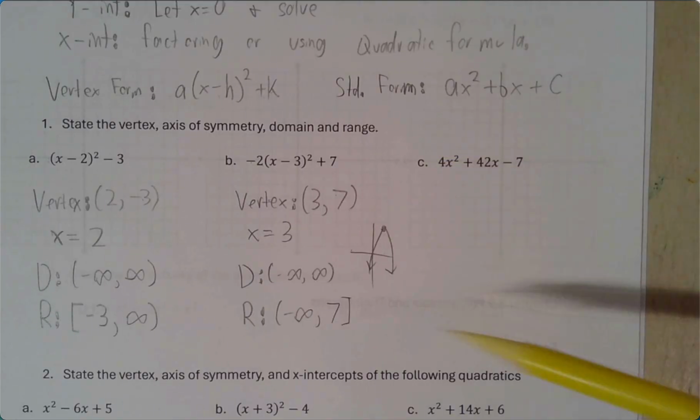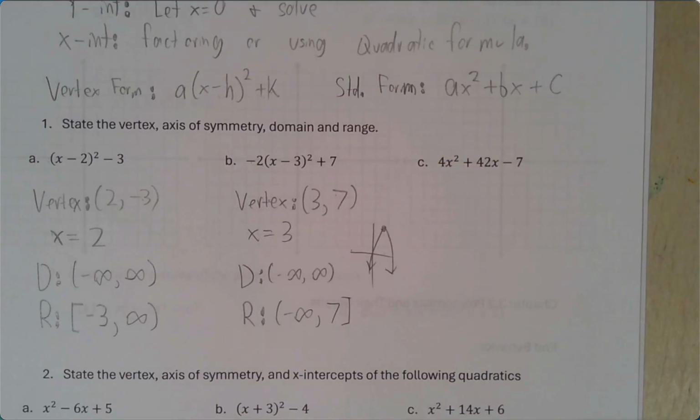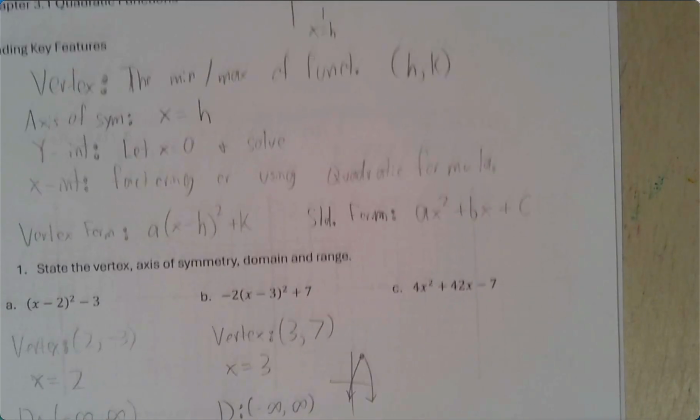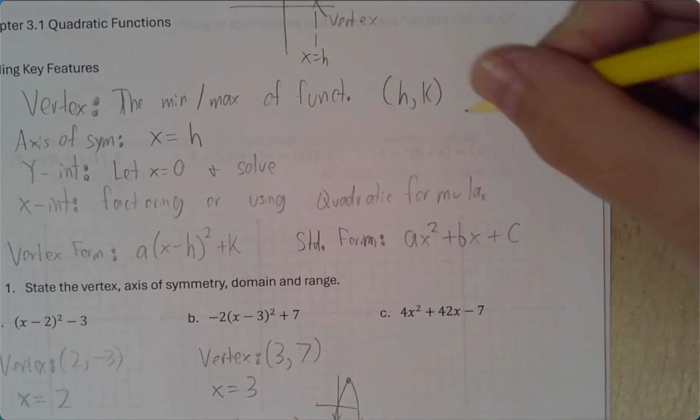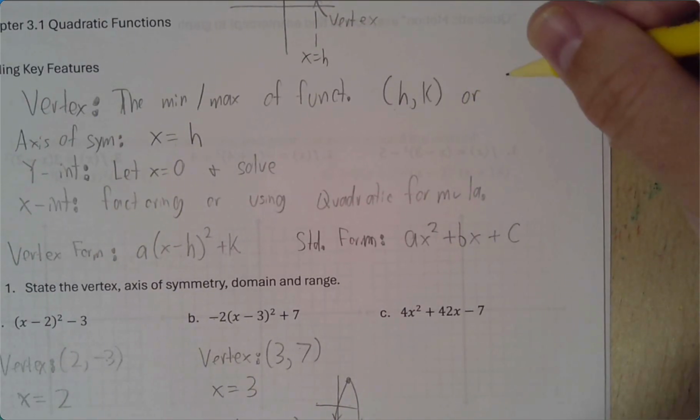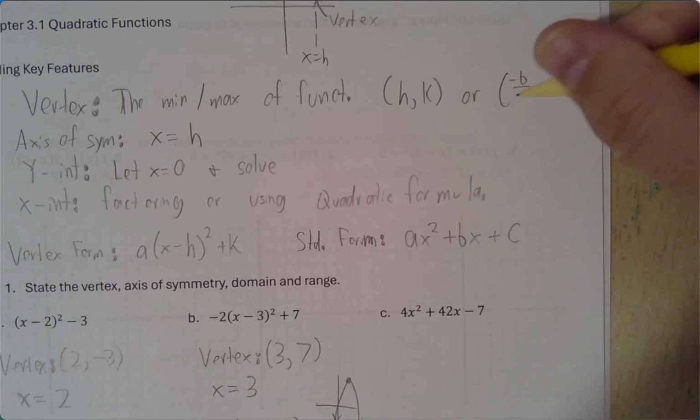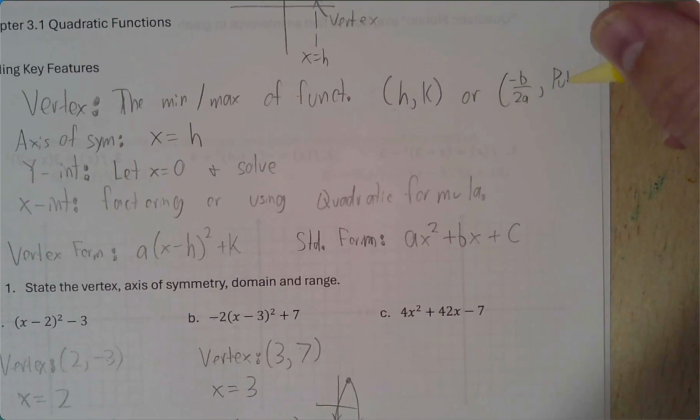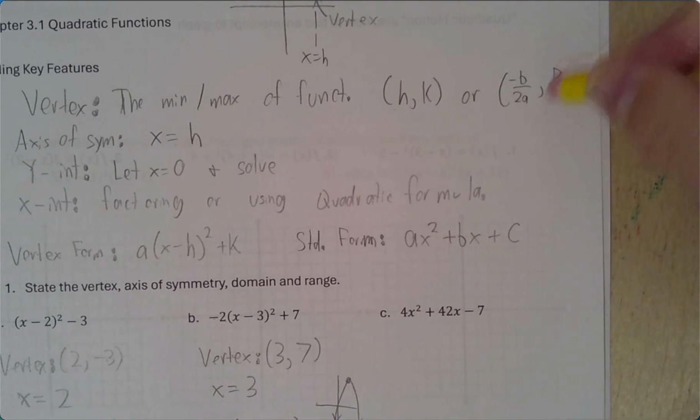All right, finally, we have a standard form example, and there's one last thing we need to do, is we need to find another way of finding the vertex. So we'll write that here now. Why not? I'll be a fancy mathematician.